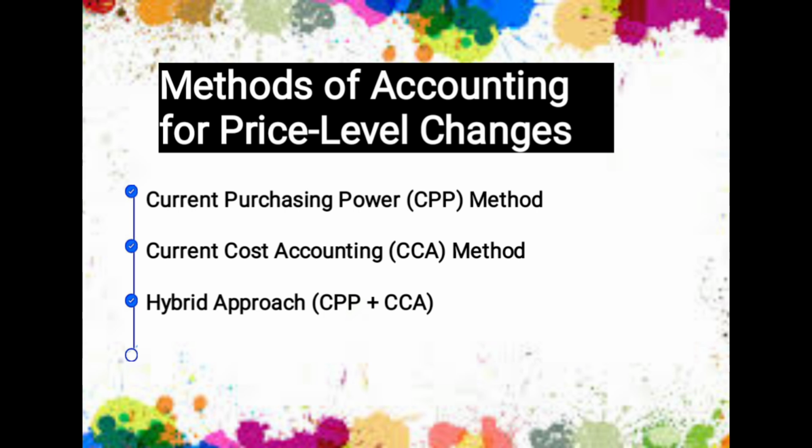Then next one is CCA, current cost accounting method. Assets and expenses are recorded at their current replacement cost, not historical cost. It reflects what it would cost to replace assets today. Better for assessing operating capabilities and maintaining capital.